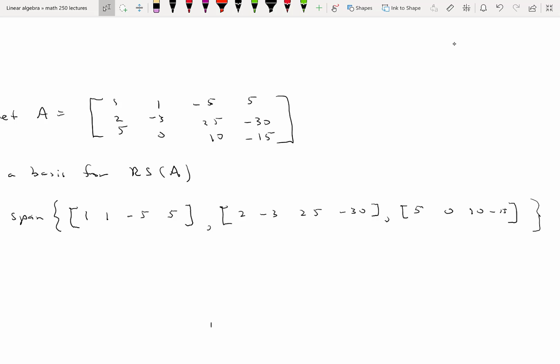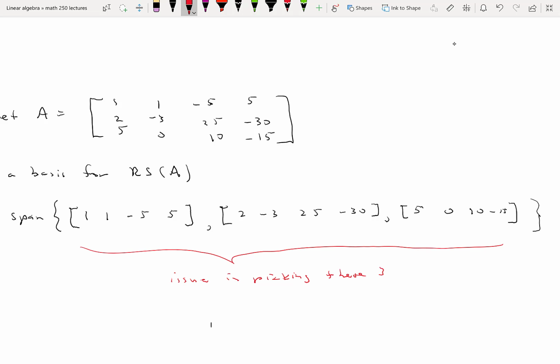The issue in picking these three vectors as a basis is not spanning, because the span of these three vectors is the whole space. The issue is whether they are linearly independent. We need two things for a basis: linear independence and spanning.